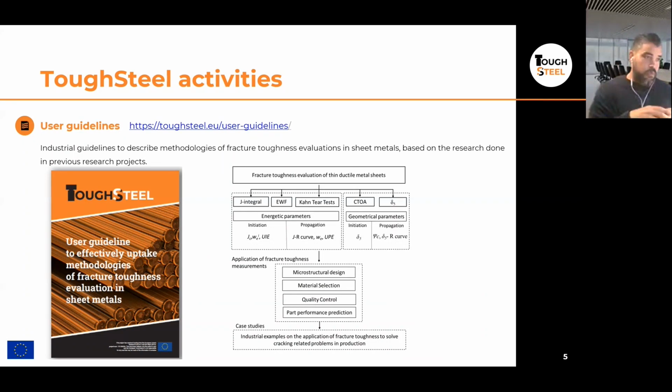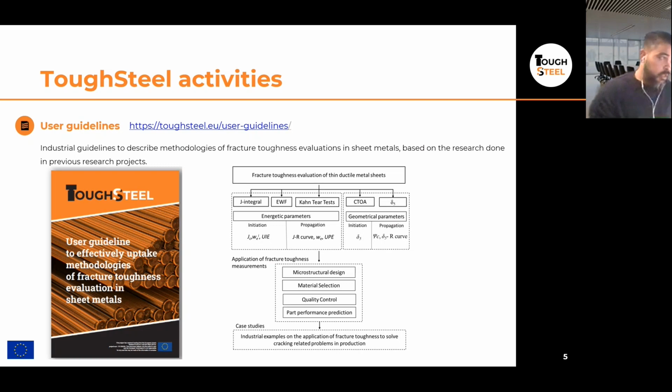It also includes examples of application through the different stages of advanced high strength steel sheet manufacturing and application. For example, starting from the microstructural design, so how to use these toughness measurements to design new materials, or to select materials with optimum fracture resistance, and also, at the end, how to apply it during serial production to predict or to solve production problems.